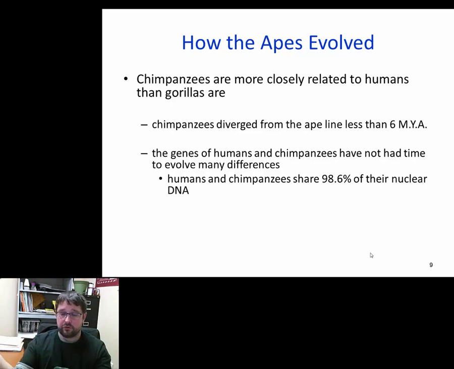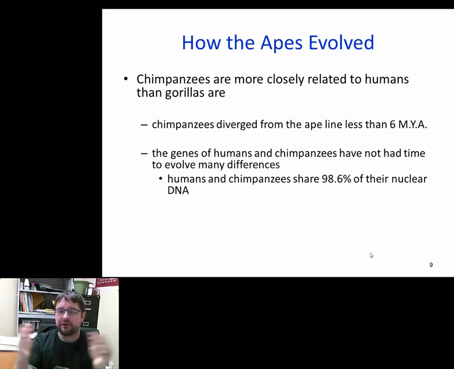The longer organisms have been separated, the populations have been isolated, so human population, chimpanzee population, the longer they've been isolated from one another and not sharing genetic material, the more mutations you should expect, the more of a difference in DNA you should expect.